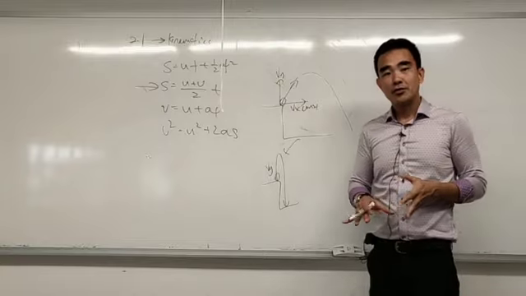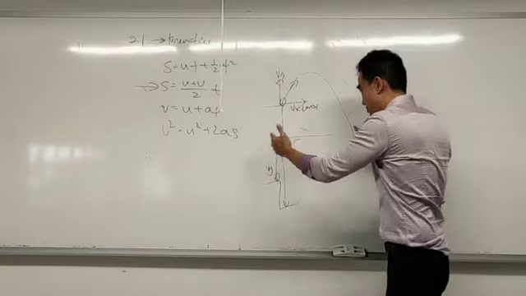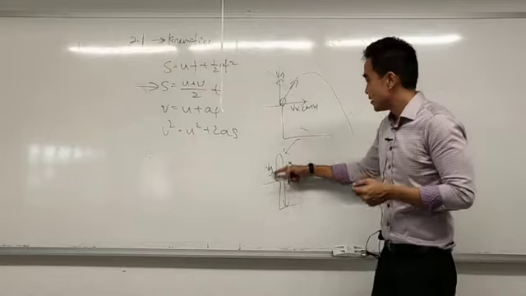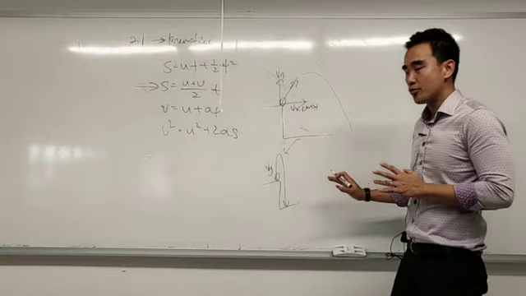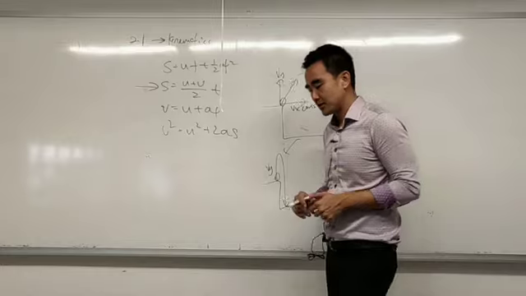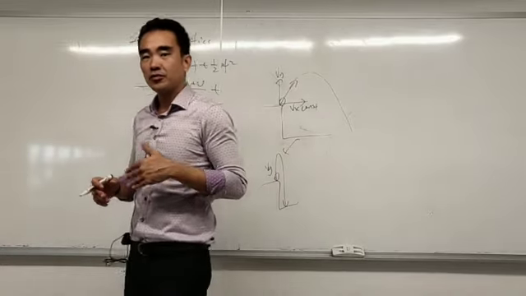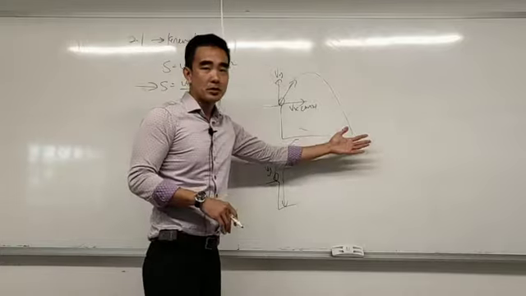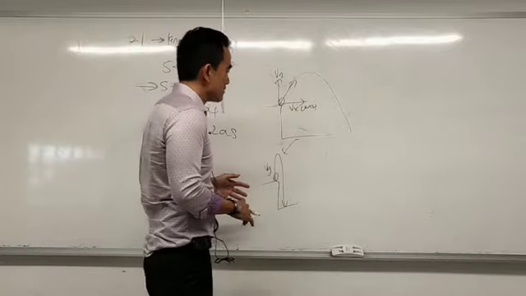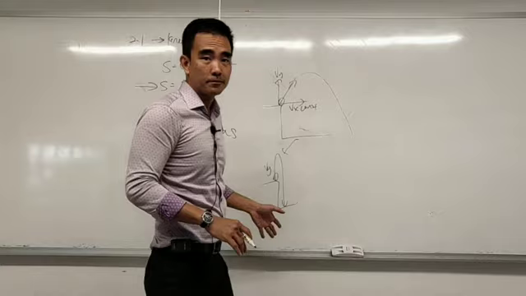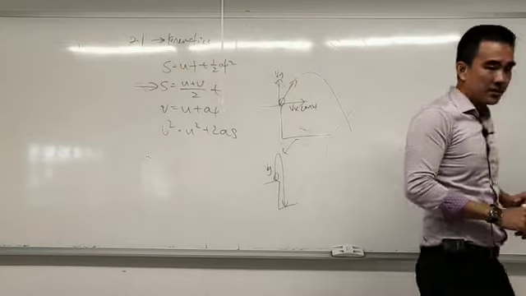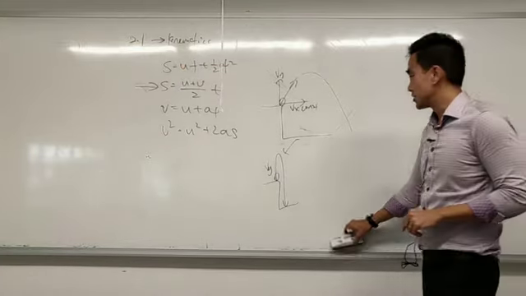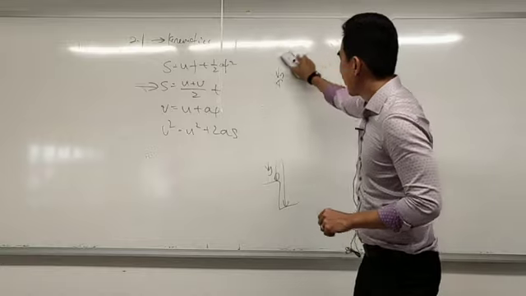And if you have to find information about the horizontal direction, you just take the time over here times the horizontal velocity. Most of the time, I would say 95% of the time, if you have to solve for the time of flight, you will use the vertical direction. Sometimes they may give you enough information for you to use the horizontal, but most of the time, time of flight, vertical.